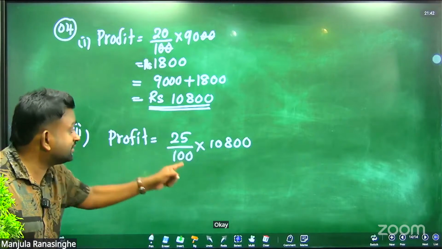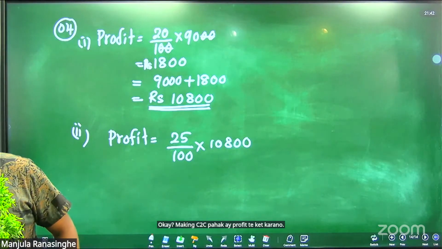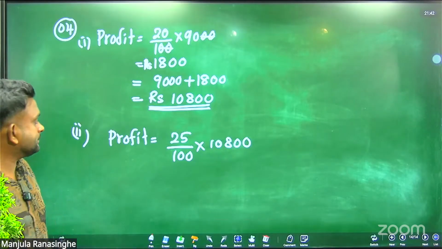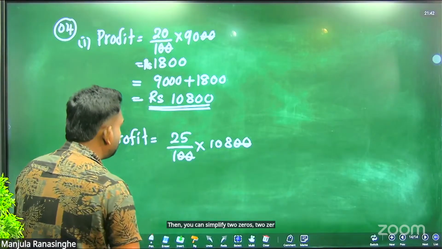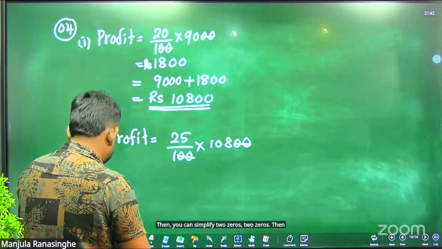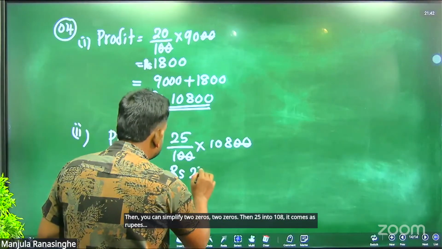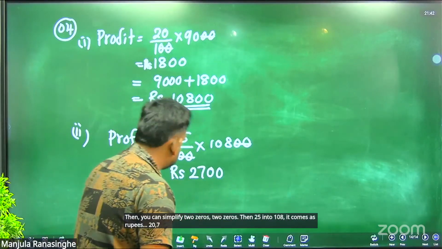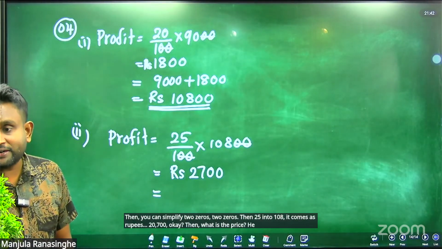Okay, making 125, profit is added. Then you can simplify 2 zeros, 2 zeros. Then 25 into 108, it comes as rupees 2,700. Okay, then what is the price? They're asking to find the mark price.